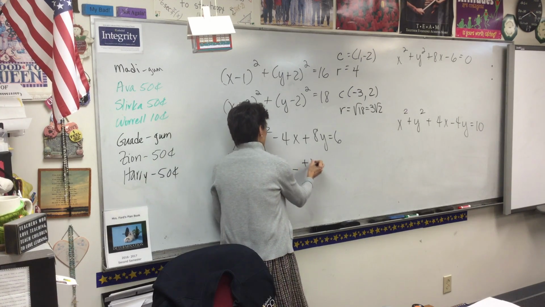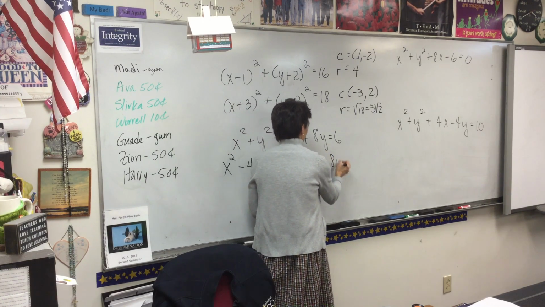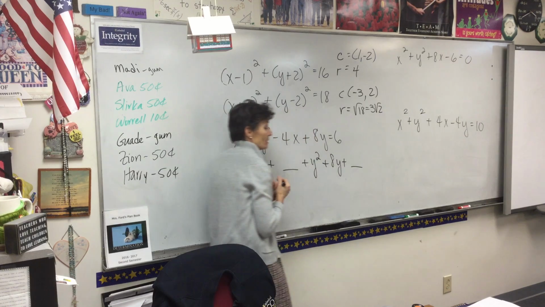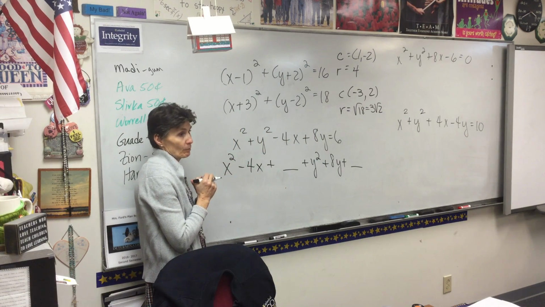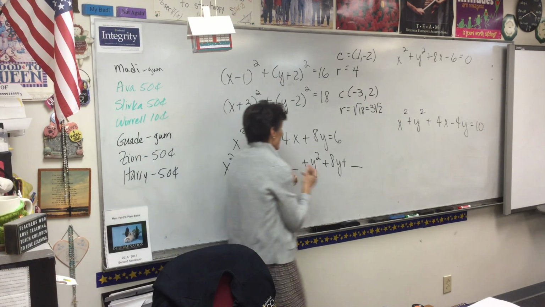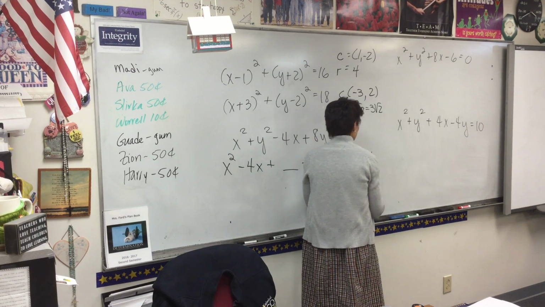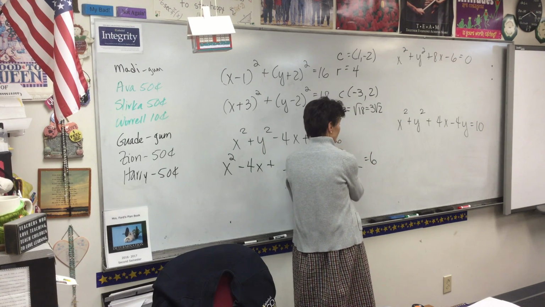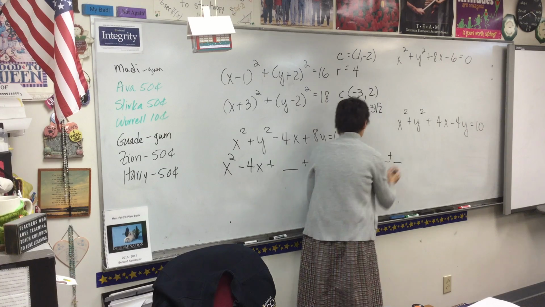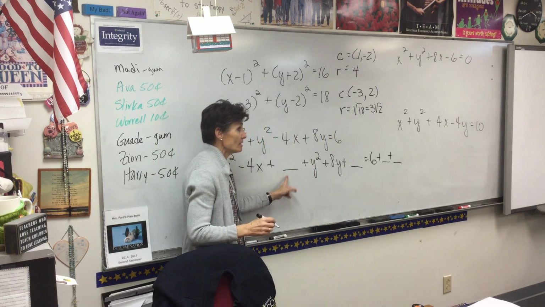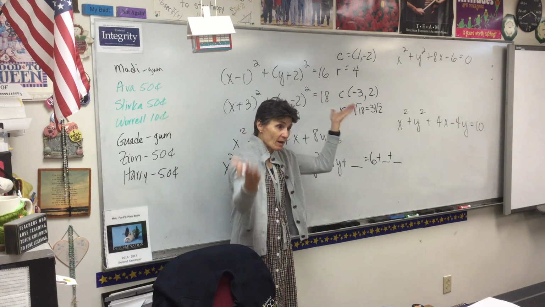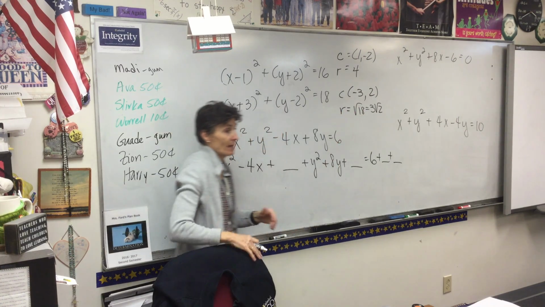Then put your y terms together and leave another blank. And on the other side, don't put just 6, because the blanks you put over here have to also be put over there to keep the equation balanced.